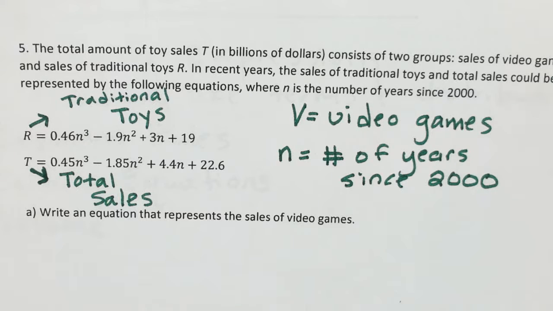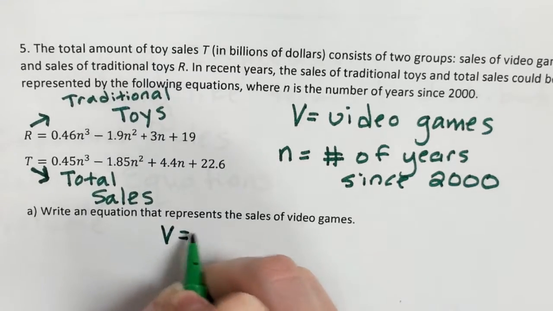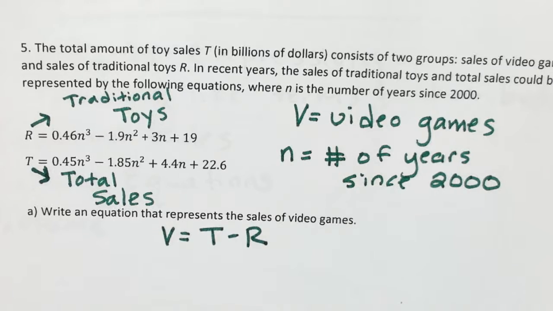Okay, so it says write an equation that represents the sales of video games. Anybody have an idea of what to do? Jeremiah? Okay, think about what these represent.